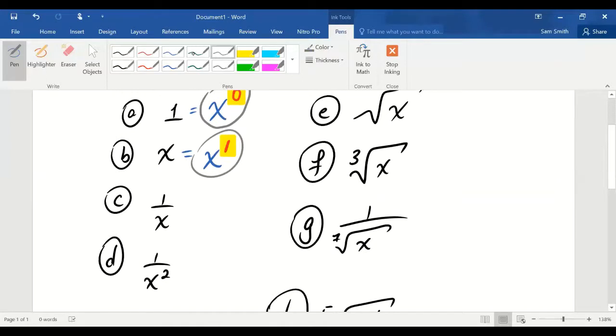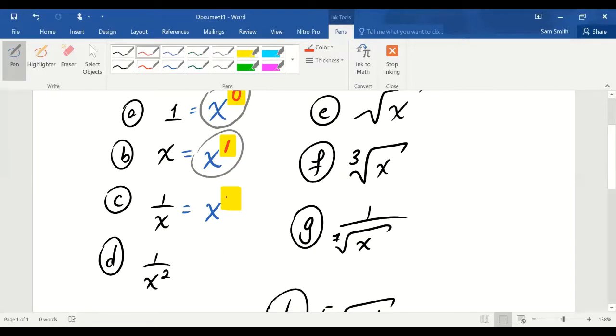Let's try it with part C. What do you think? I have 1 over x here, the reciprocal of x. If you were going to rewrite this as x to some power, what power would you put?